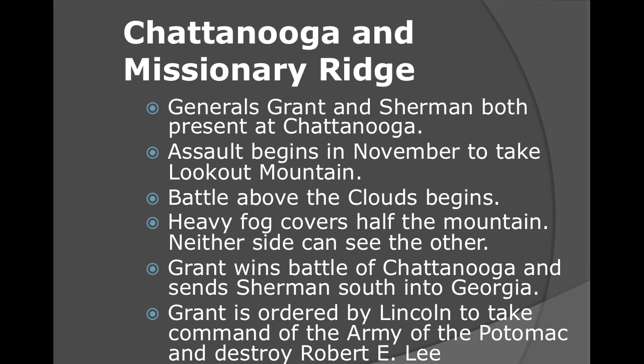After Lookout Mountain, Ulysses S. Grant relieves the siege of Chattanooga, brings in new men and new supplies, and then you have the assault on Missionary Ridge. Confederates were all entrenched on the top of Missionary Ridge.